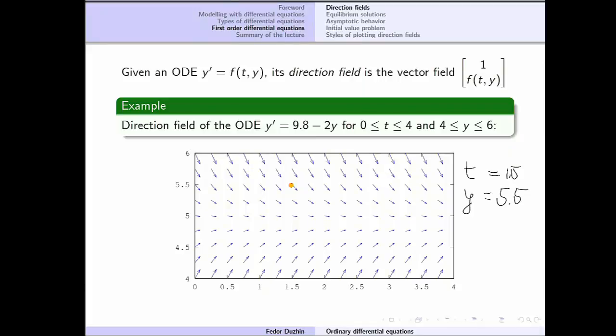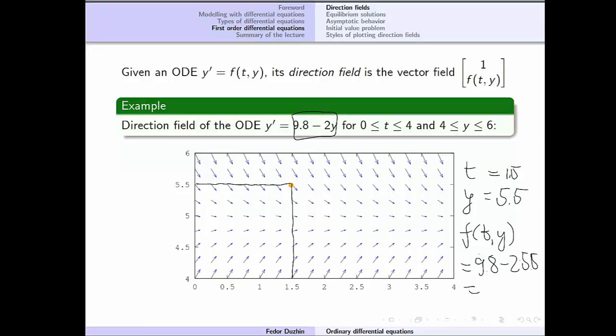Let me show it more clearly. Then the right hand side of our differential equation, f of t, y, is going to be 9.8, and then instead of t we substitute 1.5, and instead of y we substitute 5.5.